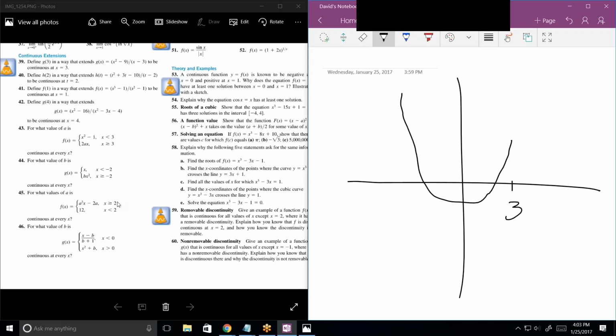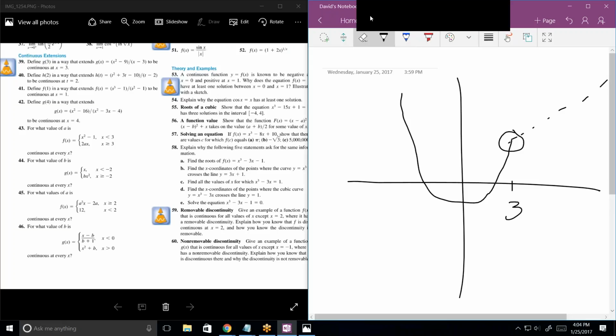So that's going to do something like, let's draw it like this. And the only way that this entire function would be continuous is if the second function is equal to the first function at that point. You see why?